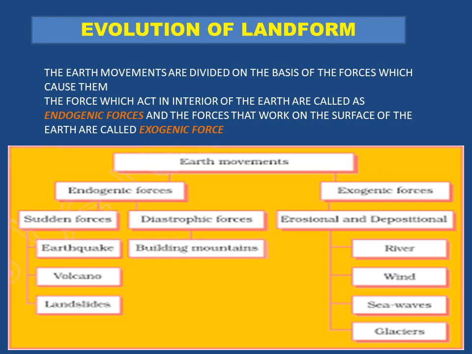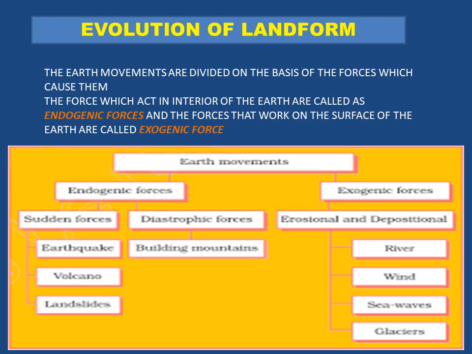When we talk about endogenic forces, these could be all of a sudden or slow and gradual over the course of time. When we say slow and gradual, it could be the formation of mountain ranges. The Himalayas could be an example of diastrophic forces, which are very slow forces that have taken place over centuries.